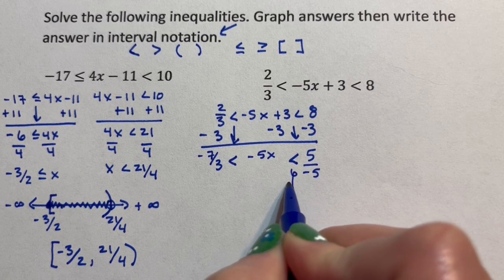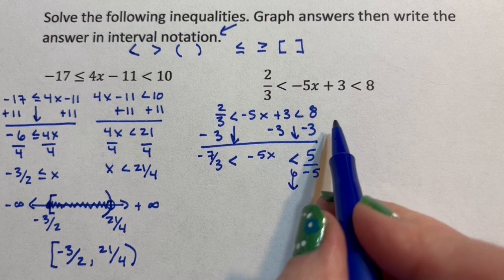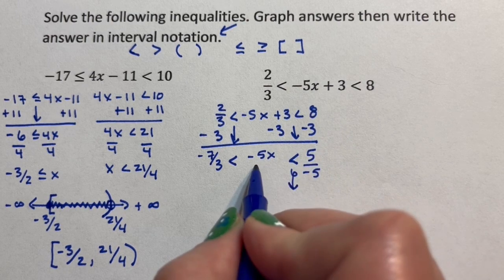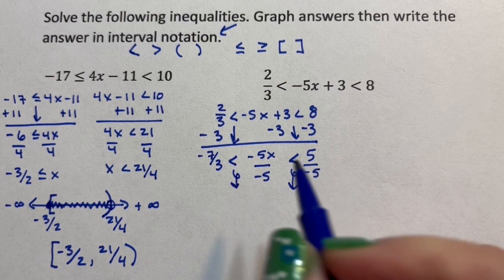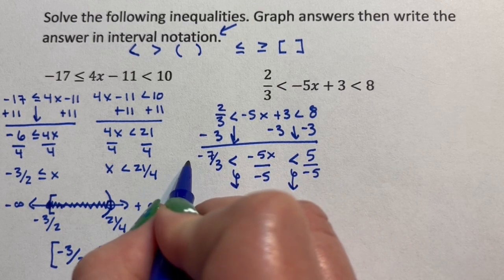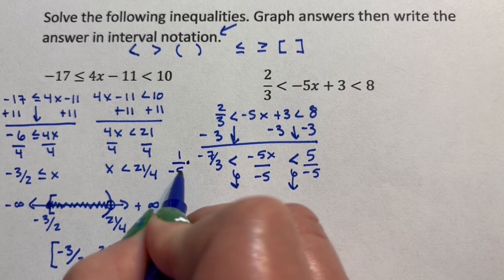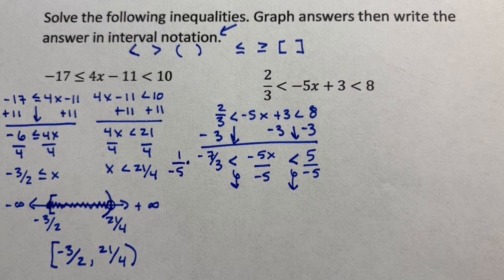This will flip over because when you divide an inequality by a negative, you flip your sign. And I'm going to flip all 3 parts. For my fraction, I'm actually going to multiply by -1 over 5 because I find multiplying a fraction by a fraction is much simpler than dividing a fraction within a fraction, which somehow always goes terribly wrong.